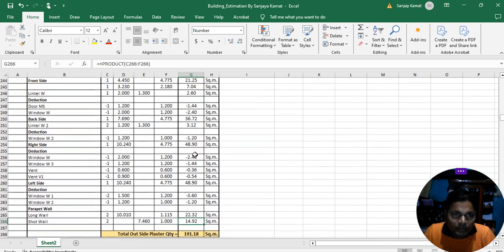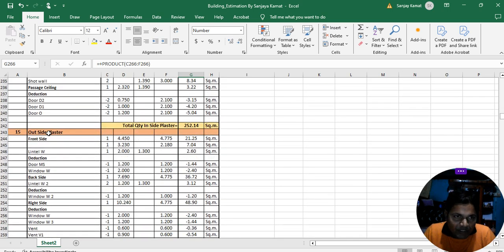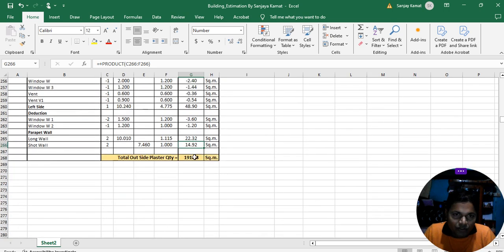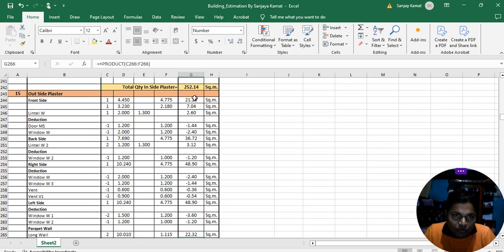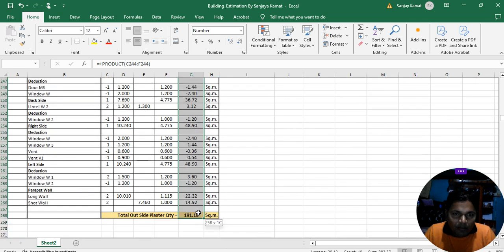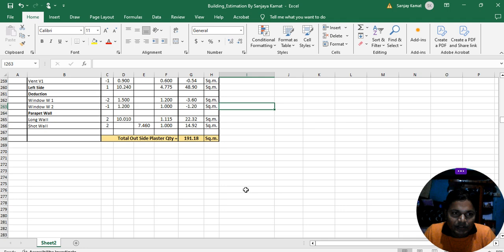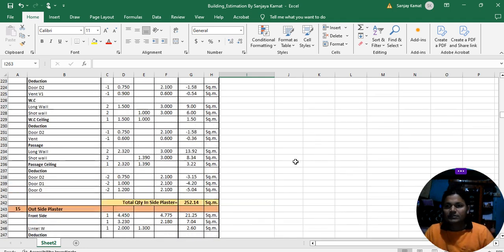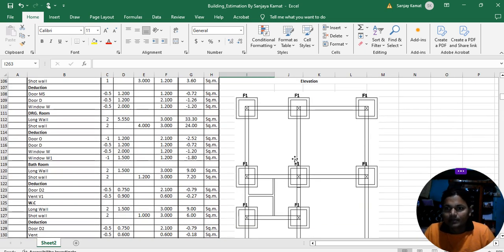Once you know all these values, the outside plaster values, then sum them all. The column value, if you multiply, you will get 19.11.18. Okay, so this is the method, this is the process by which you can estimate a building of any type.